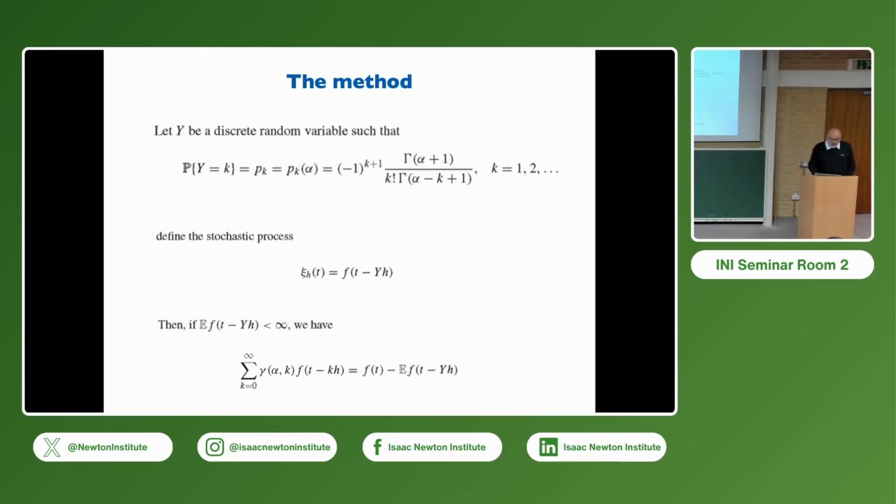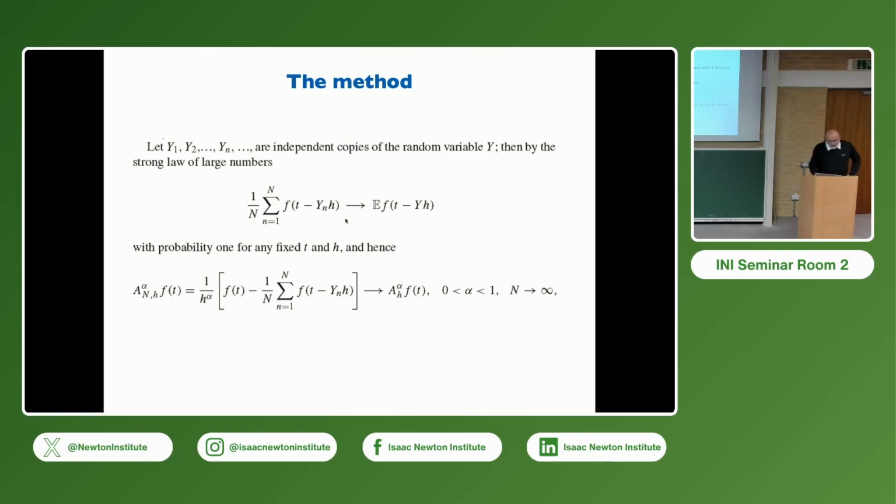We introduce a discrete random variable which takes values k with probabilities equal to those coefficients in the Grunwald-Letnikov formula, and define the stochastic process. What we have here is f appears outside because we use the values from 1, and k equals 0 corresponds to pure f. So that's all.